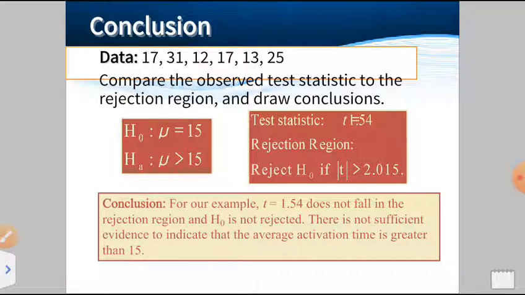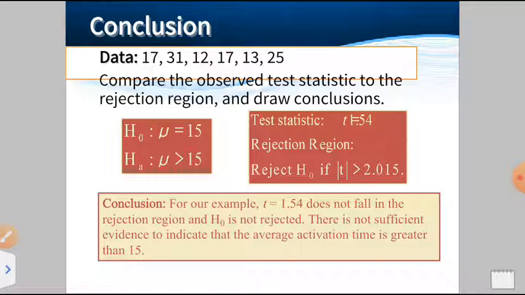So we can make a decision. Here you can see the test statistic value is coming as 1.54, and we have to reject if t is greater than 2.015. So what you have to say, that H0 is rejected. I think there is a mistake.